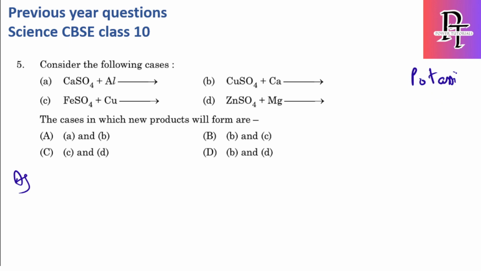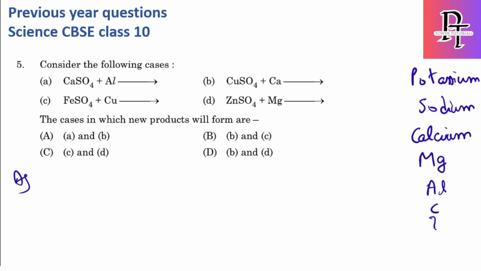Potassium, sodium, calcium, magnesium. I'm simply writing the formula here: magnesium, aluminium, carbon, zinc, iron, and then we have lead, tin.